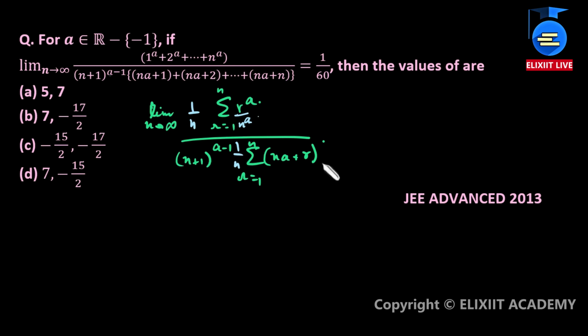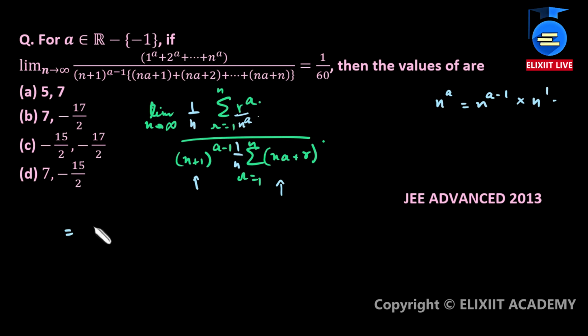What I'm trying to say is, you write this n to the power a as n to the power a minus 1 into n to the power 1. Divide this by n to the power a minus 1 and divide this by n to the power 1. That is basically n. Clear?